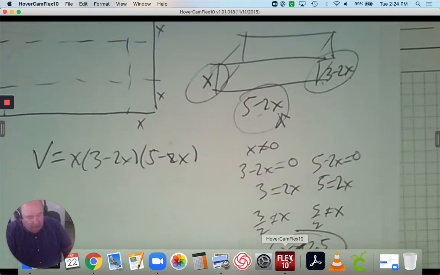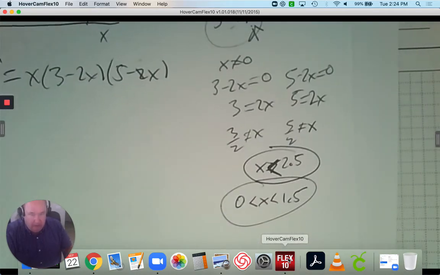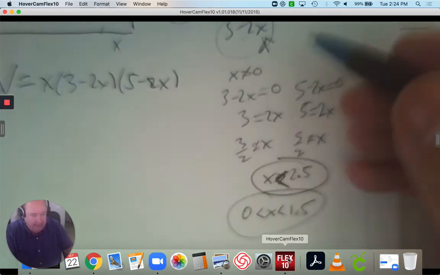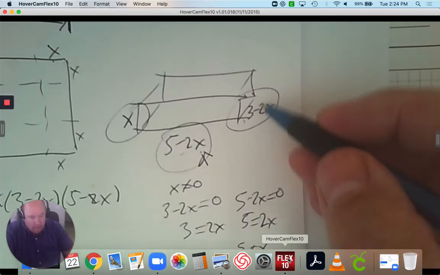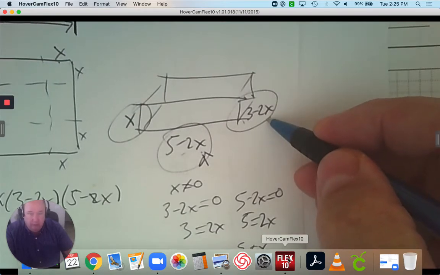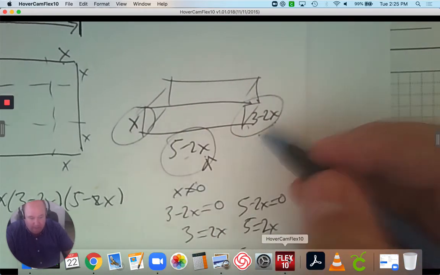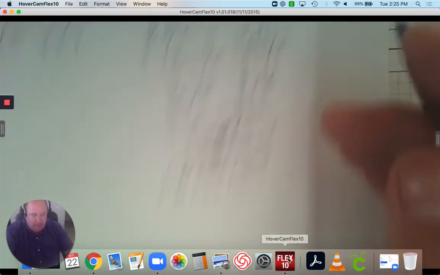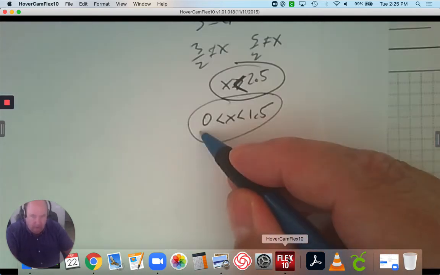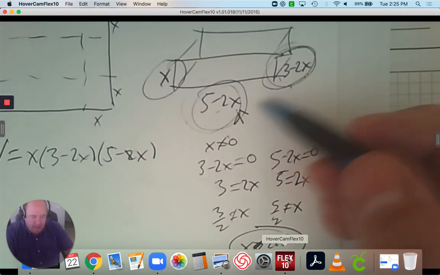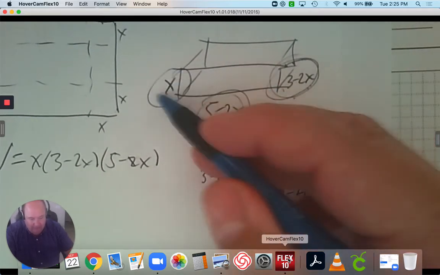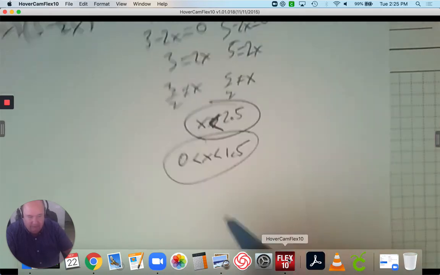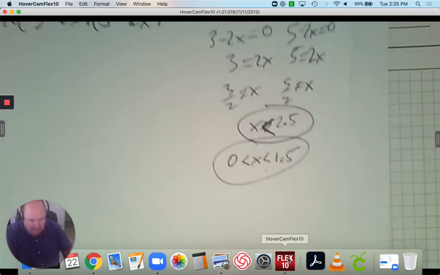So if you have an answer that's outside of 0 and 1.5, you'd have a negative or a 0 dimension, which we don't want. So here, the number has to be less than 1.5, but bigger than 0, so it would satisfy all three. So the restriction is 0 to 1.5. Otherwise, you would have a negative length, or you might have 0 and so on. So that's the restriction we need to work with.